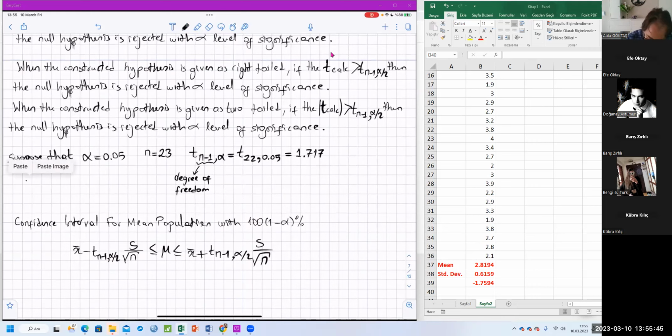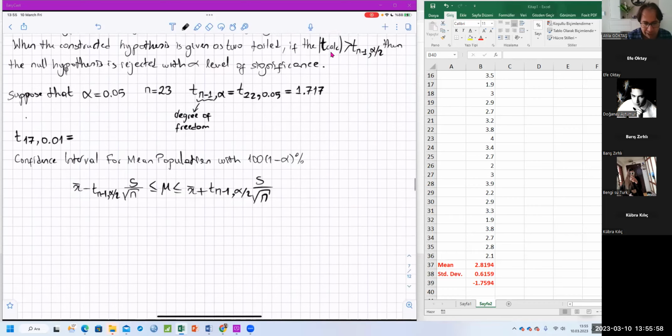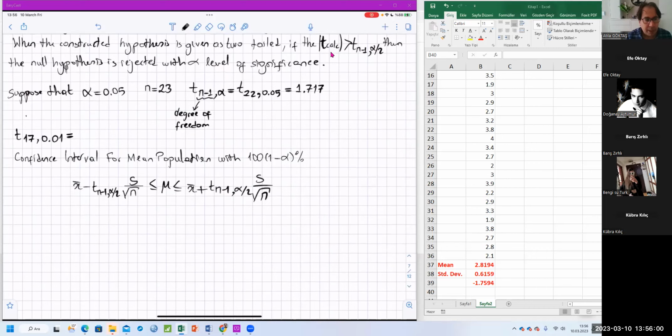Okay. So what if I write you something else? If I tell you to tell me the value of this one, look, t 17, 0.01. Can you tell me the result for this one? Let me copy this.